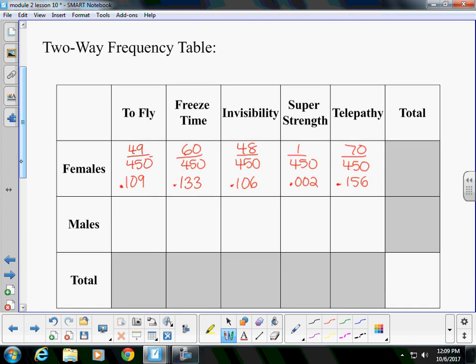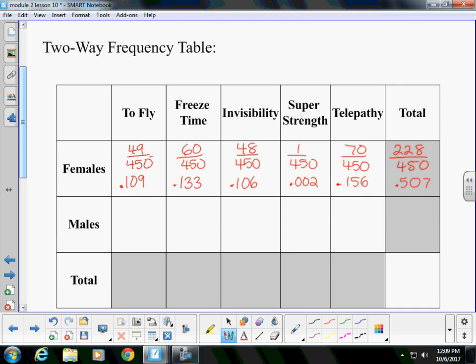And the females added up was 228. Rounding it, that goes up to 0.507.